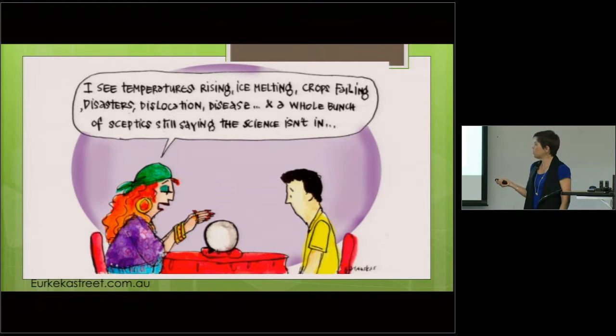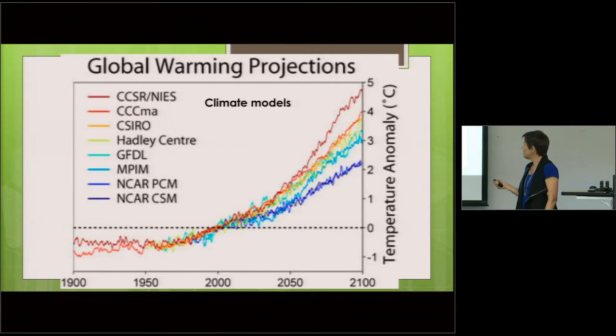We hope that they're not using a crystal ball. How do they do that? Well, they use climate models. And these climate models predict greenhouse gas emissions as well as total concentration in the atmosphere, and then from that they can predict other things like temperature.